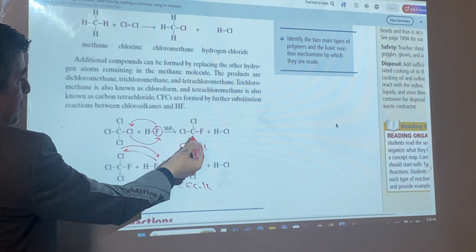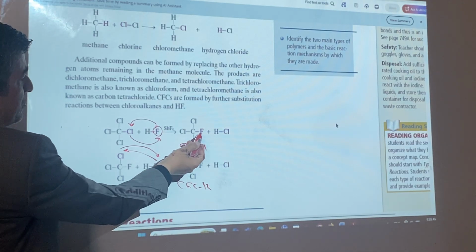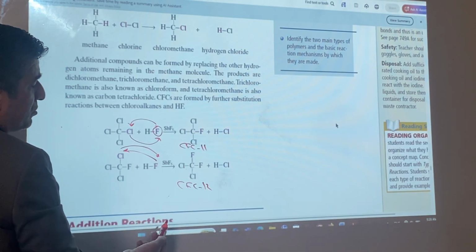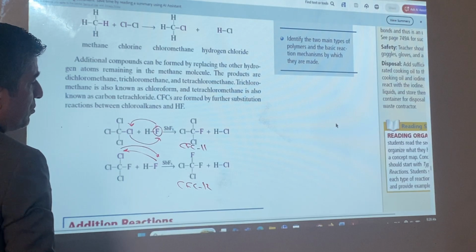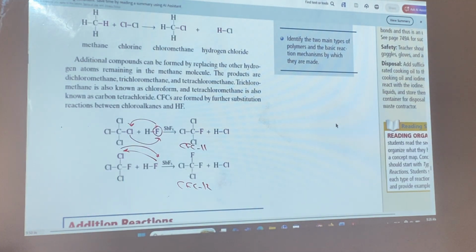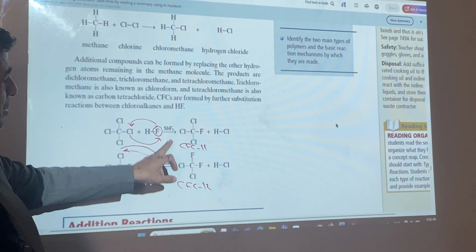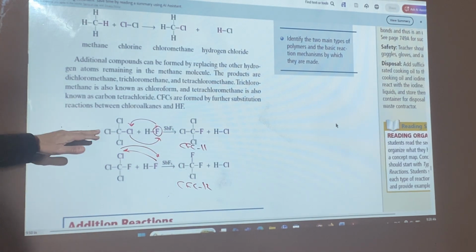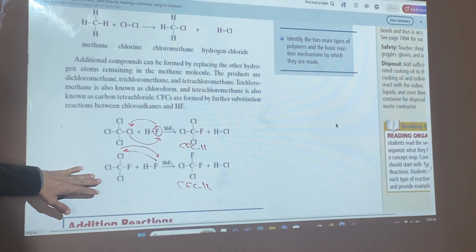This compound is called trichlorofluoromethane, and this compound is called dichlorofluoromethane. CFC compounds can be prepared by the substitution reaction between CCl4 and HF in the presence of SbF5 as a catalyst. This is also a substitution reaction.